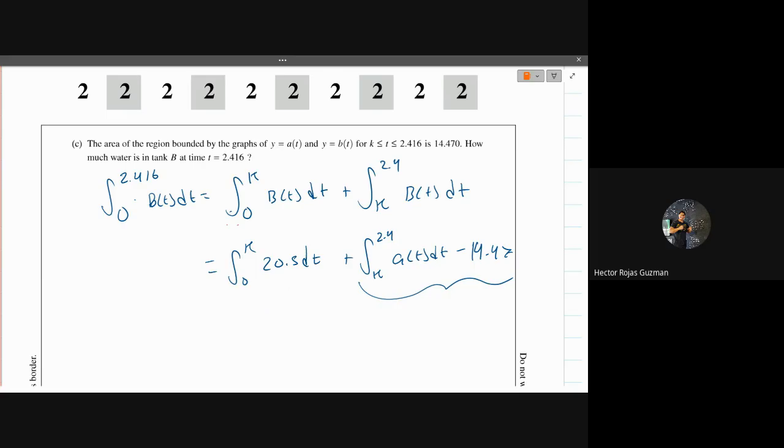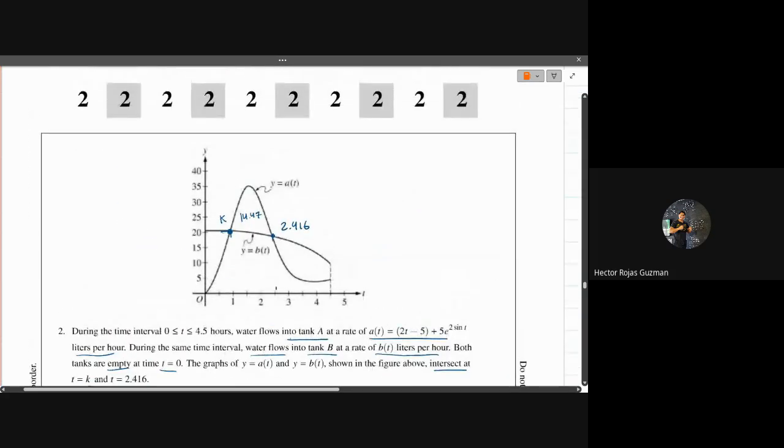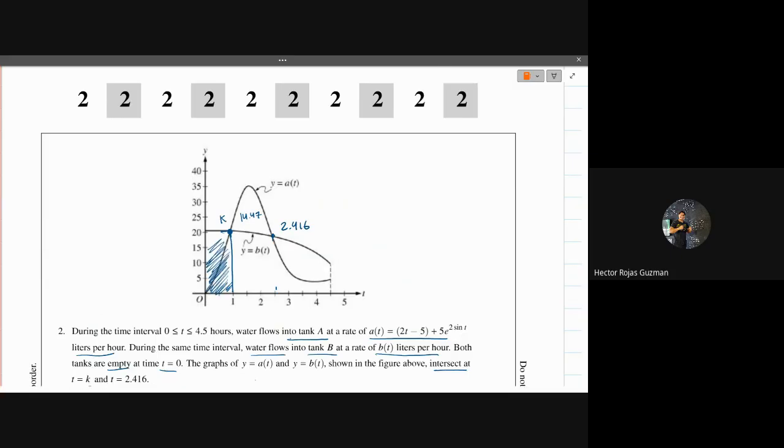Remember that K is about 0.89. When you do this with the calculator, you're going to get 18.287. But that's just the first part. That's how much water there is after that many hours.